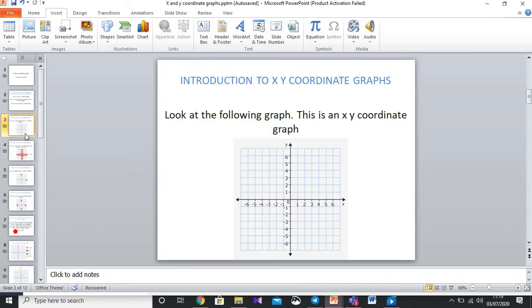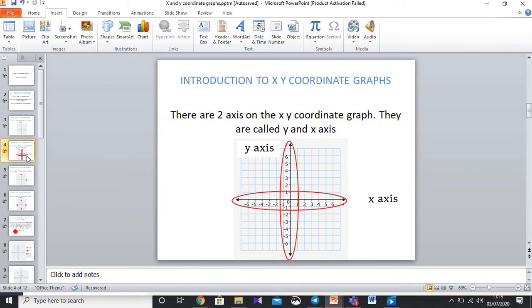Introduction to XY coordinate graphs. Look at the following graph. This is an XY coordinate graph. There are two axes on the XY coordinate graph. They are called y-axis and x-axis. The vertical axis is called the y-axis and the horizontal axis is called the x-axis.